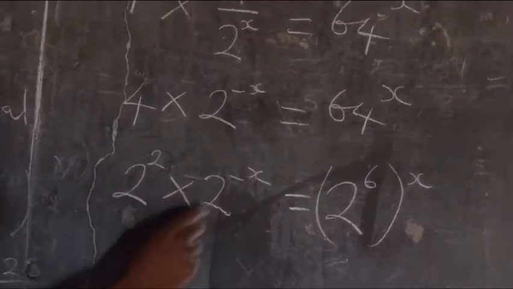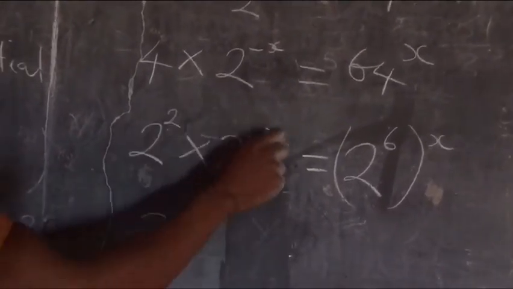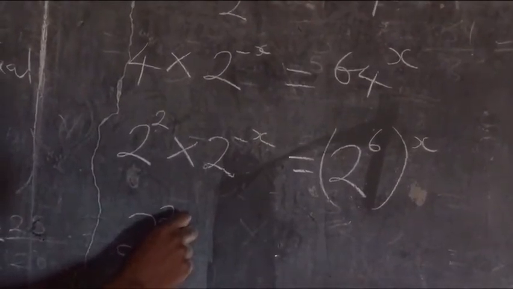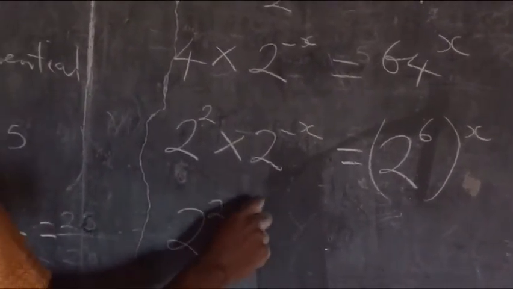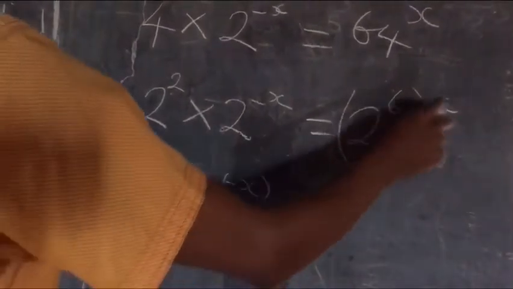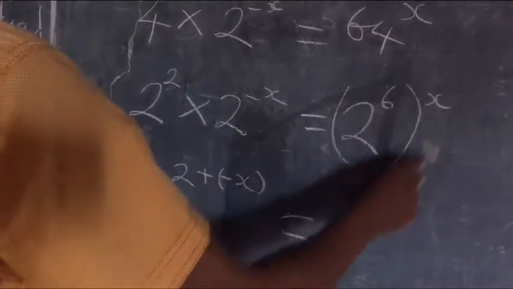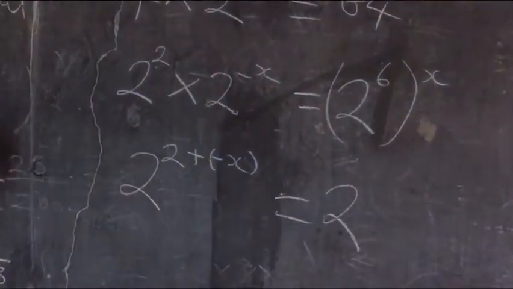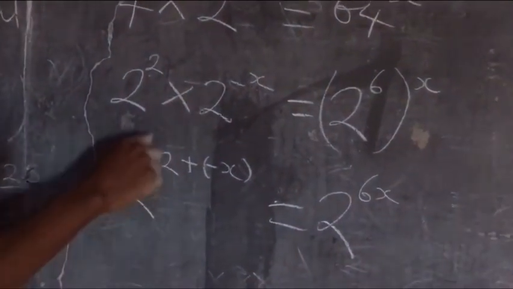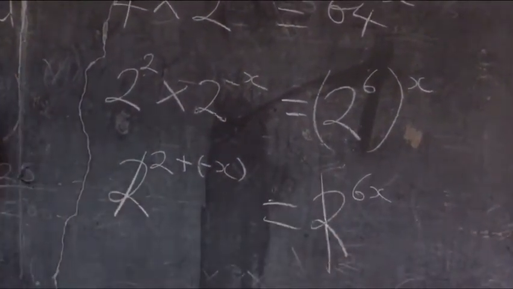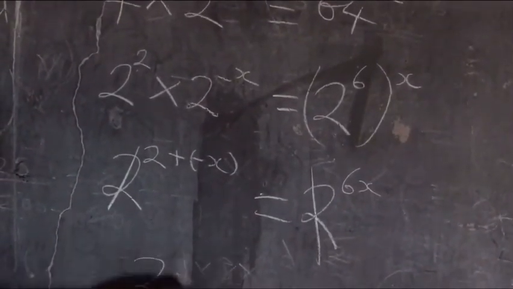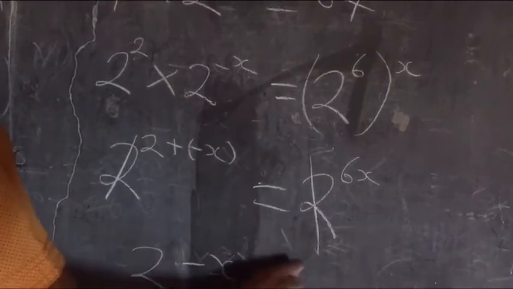The first law says if I get the same base, I add the power. So I have 2 raised to power 2 plus minus x like this equal to, then the multiplication law says I multiply these two. I have 2 raised to power 6x. So from here I can cancel the base. So I get 2 minus x is equal to 6x.